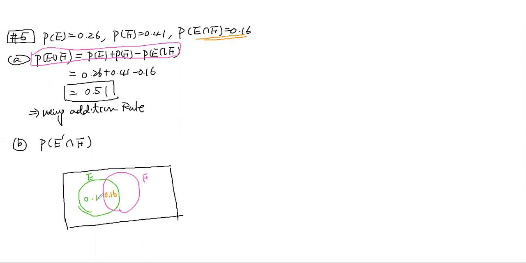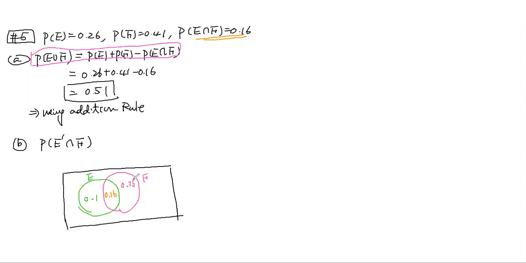right? Then for F, the total F is 0.41, right? But the common part is already 0.16. So how much is left inside here? This is 0.25, right?